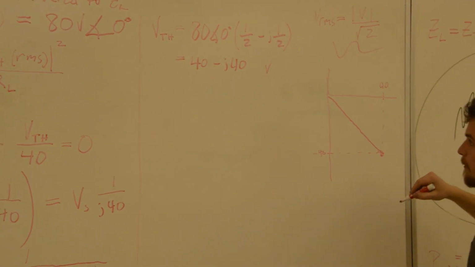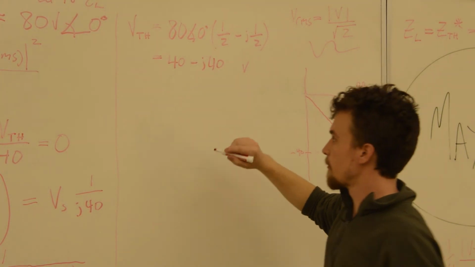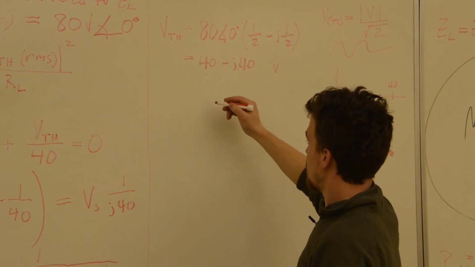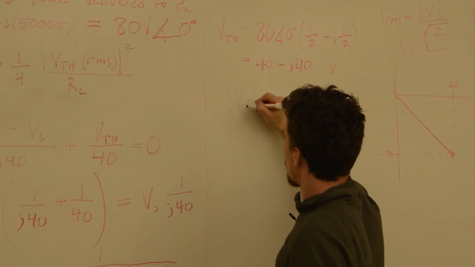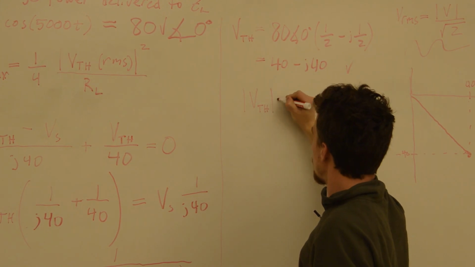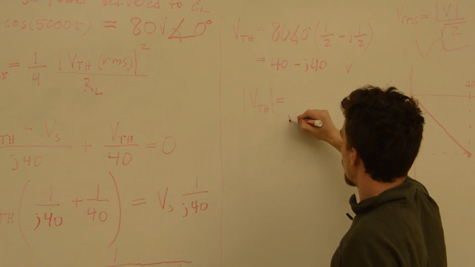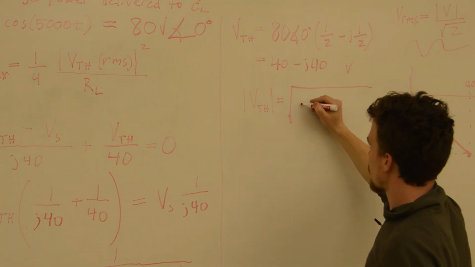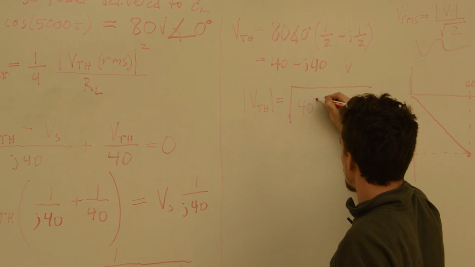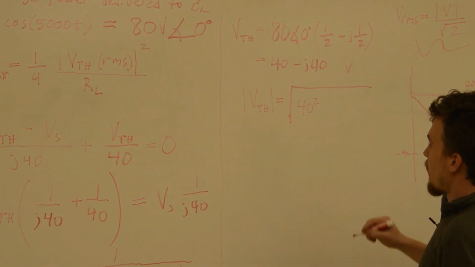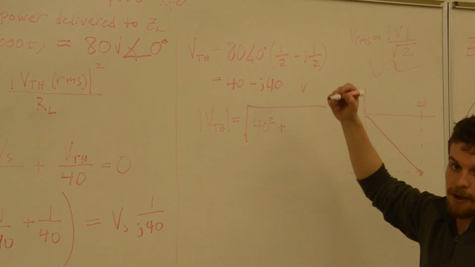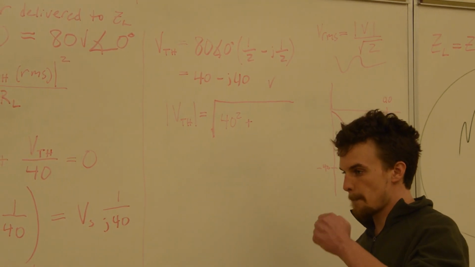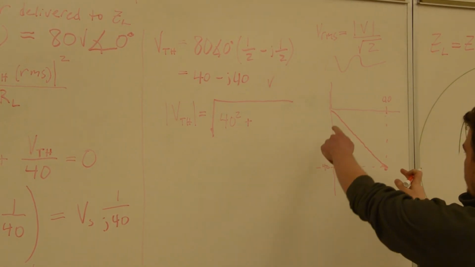We know from trigonometry that we try to find the hypotenuse, so the magnitude of our Thevenin voltage is going to equal the square root of our real part squared plus our imaginary part squared. Since we're just looking for the magnitude, it doesn't matter that this part is imaginary. We're just looking for the length of this line.